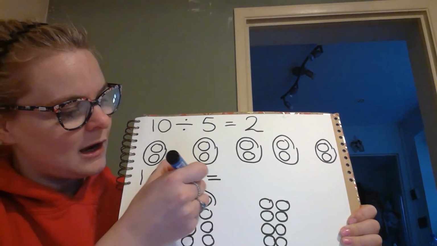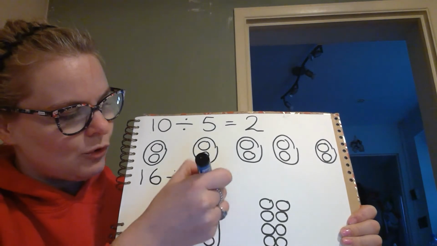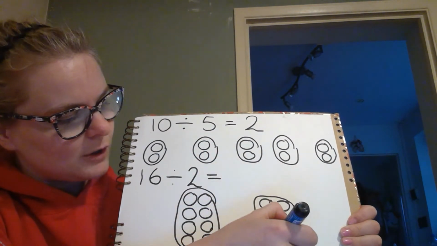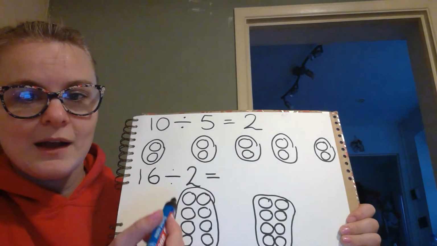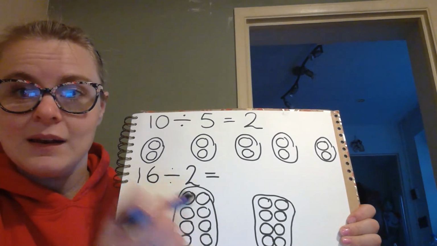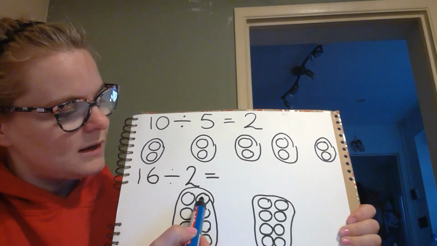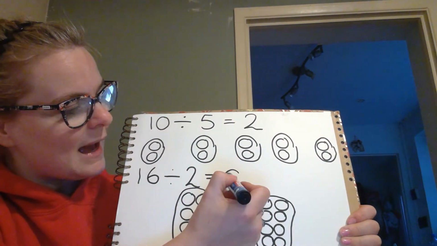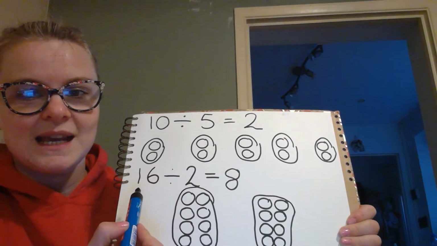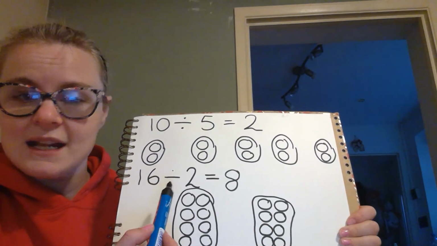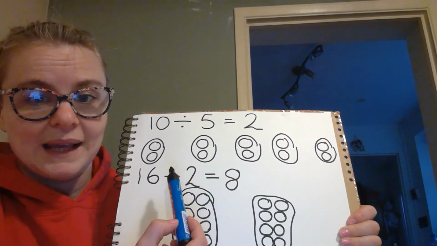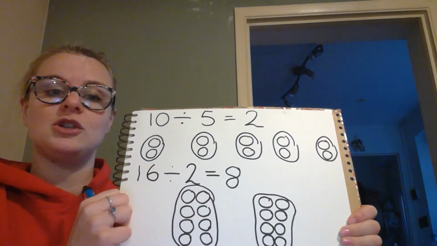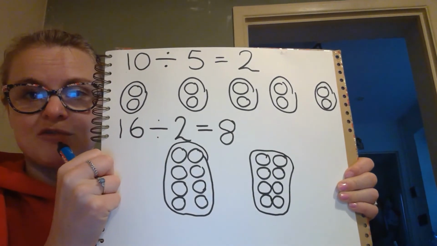Now if I circle all the counters in each group, I've got 1 group, 2 groups. Remember my answer is how many are in one of my groups. So I've got 1, 2, 3, 4, 5, 6, 7, 8. So I can add my answer. So I know that 16 divided or shared between 2 equally is 8. So those are our 2 examples that I've done there for you.